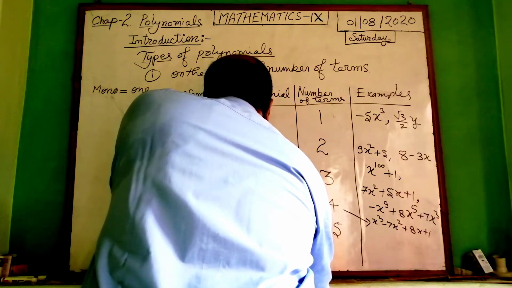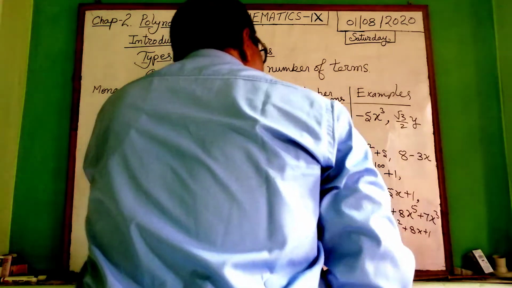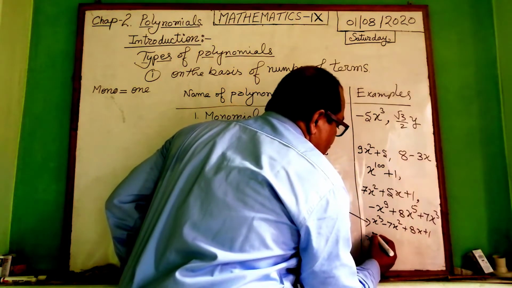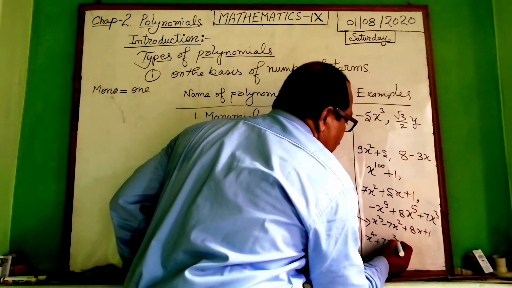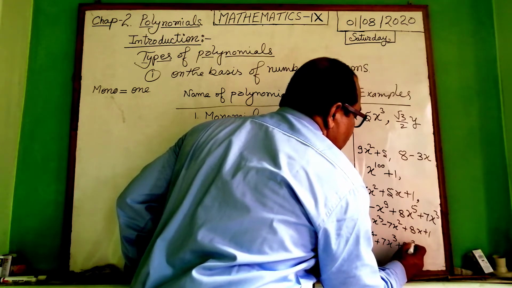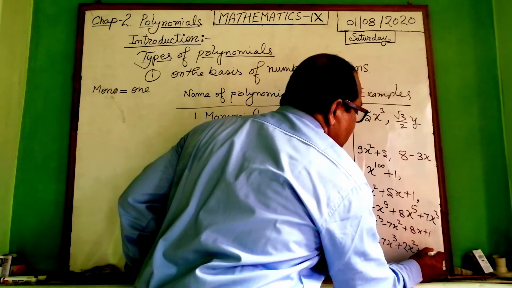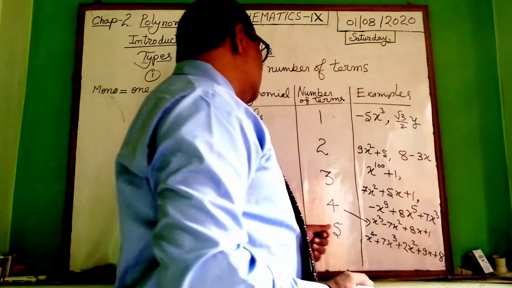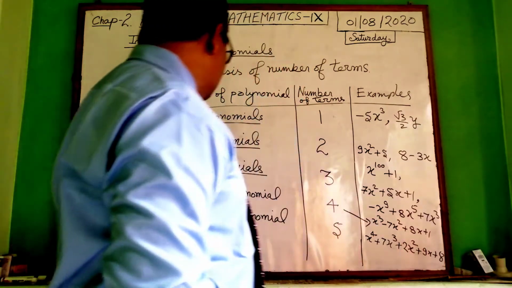quintinomial. For example, x to the power 4 plus 7x cube plus 2x square plus 9x plus 8. You may count here 1, 2, 3, 4, 5 terms are there.